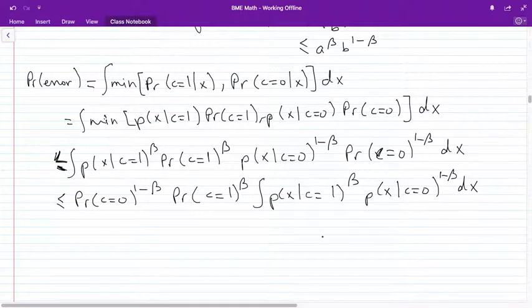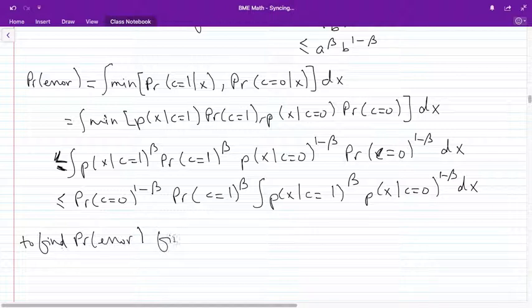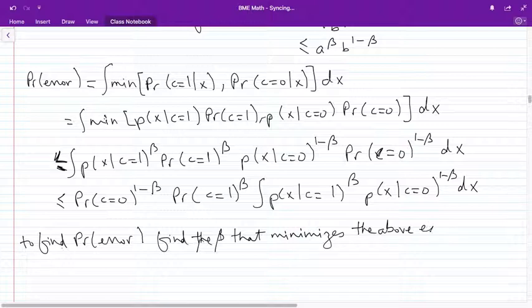So what Chernoff said is that after you do Bayes classification, to find your probability of error, find the beta that minimizes the above expression, because this is a bound.